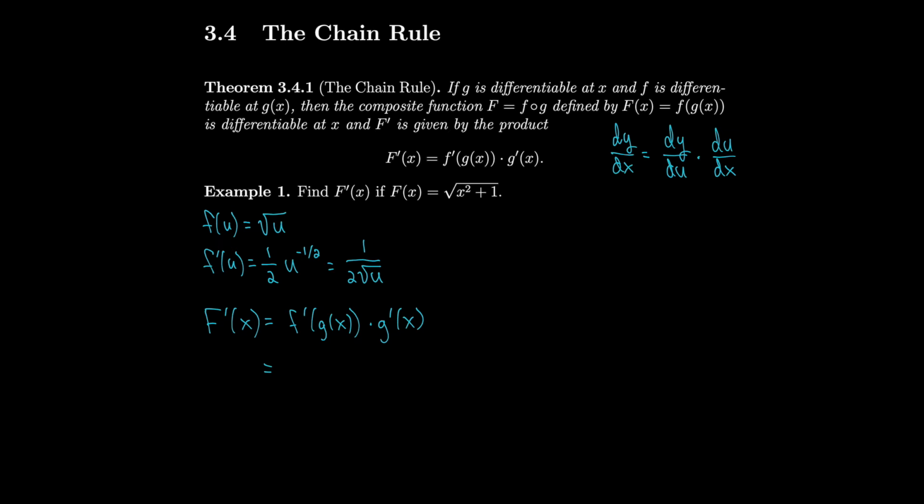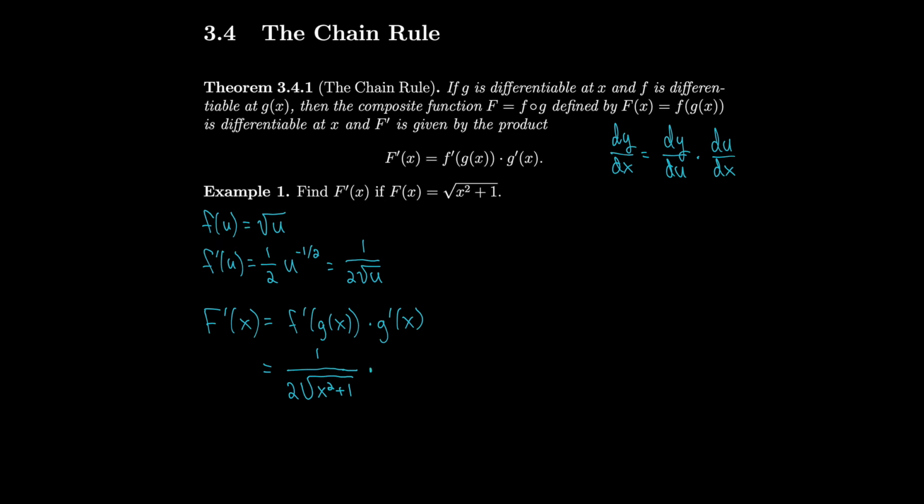F prime of g of x is f prime of u, and then we'll just swap out u for g of x. So it was supposed to be 1 over 2 times square root of u. However, we said that u would be g of x. So instead of putting u inside, I'm going to put in g of x, which is x squared plus 1. And then multiply by the derivative of u.